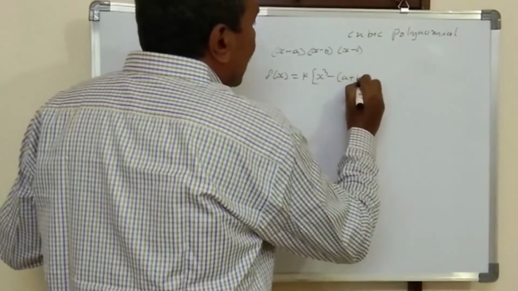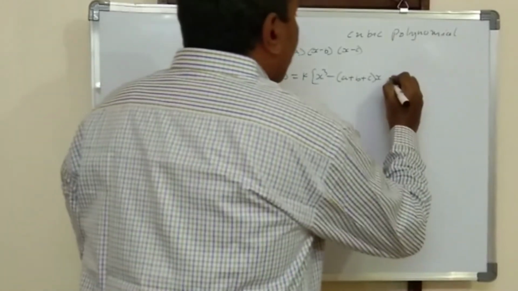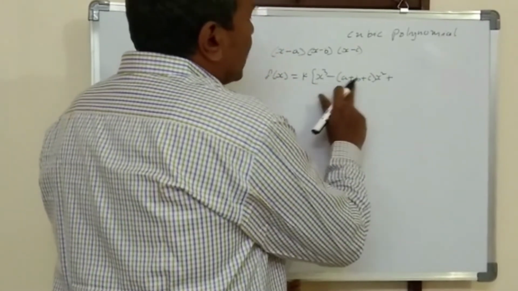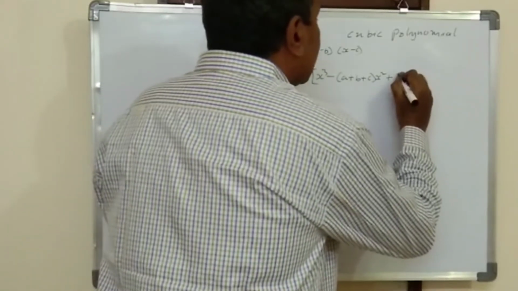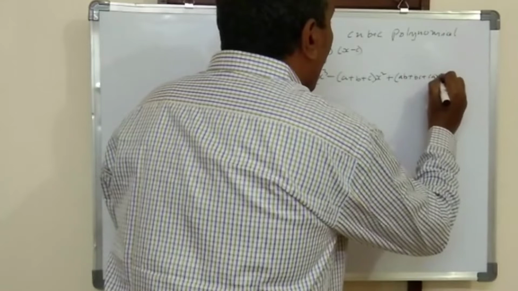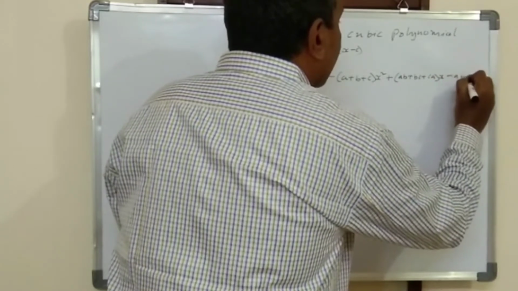f(x) is equal to k into (x cube minus (a plus b plus c) of x square plus (ab plus bc plus ca) of x minus abc).